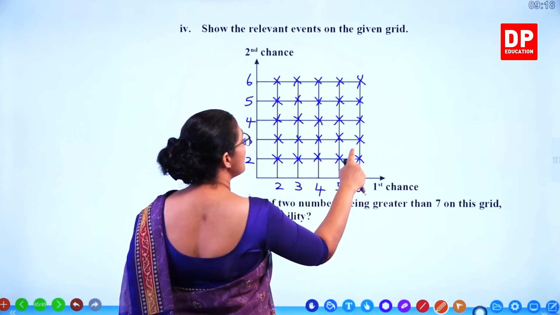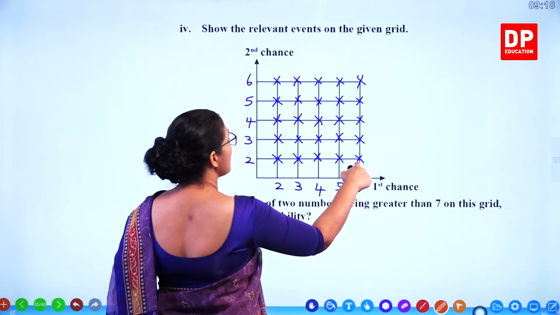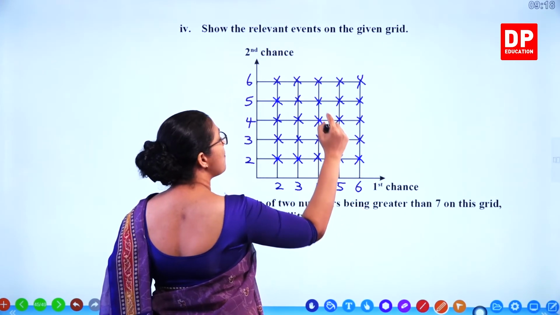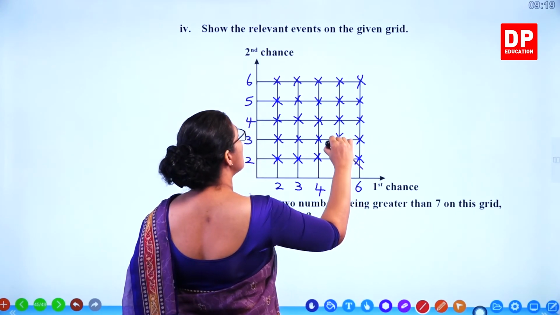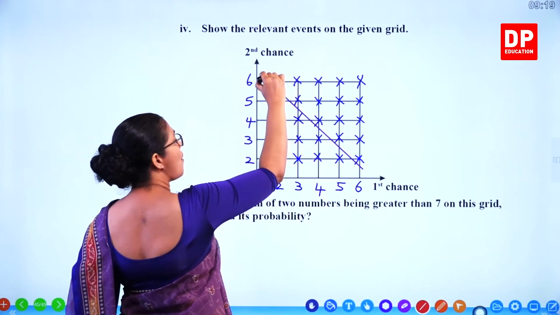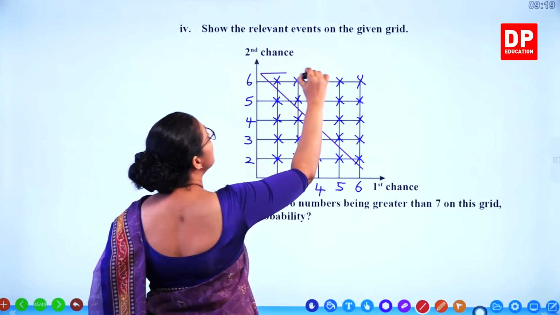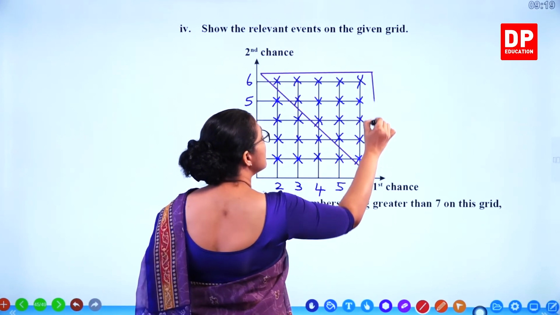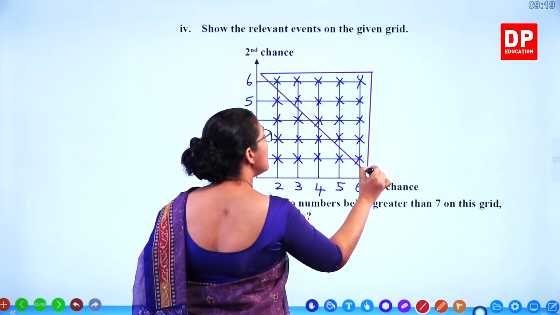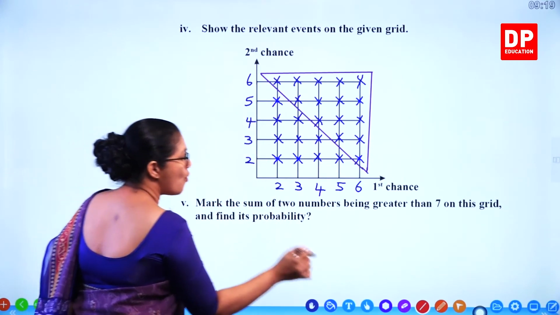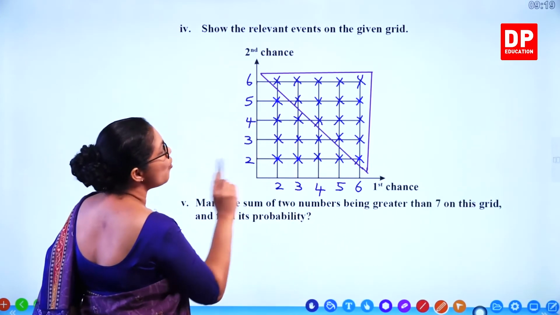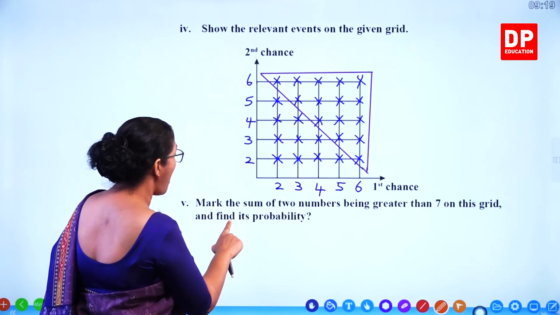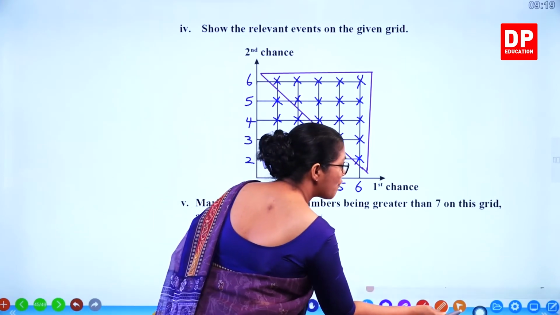So 6 with 2 upwards, 5 with 3 upwards. So which part do you need to highlight? When you draw a line from here, this part, you get all the sums that are more than 7.